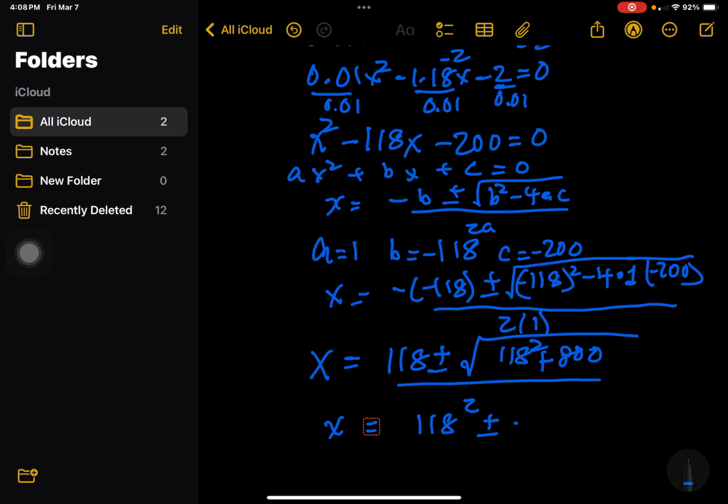Okay, so let's do 118 square. 118 times 118 is equal to 13,924 plus 800 inside the square root divided by 2.